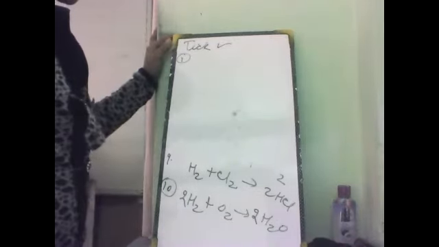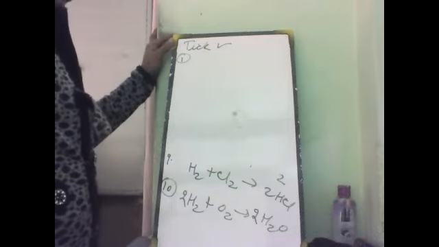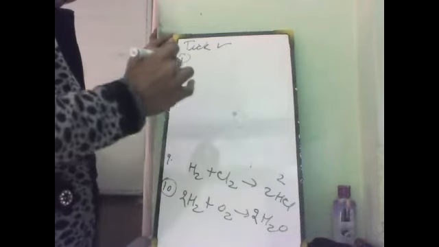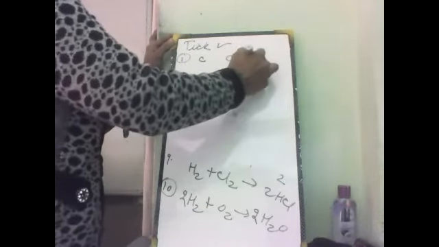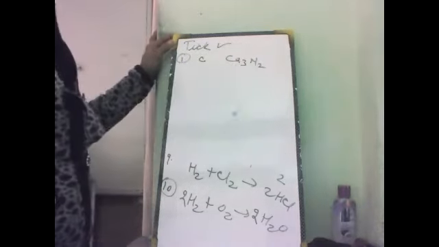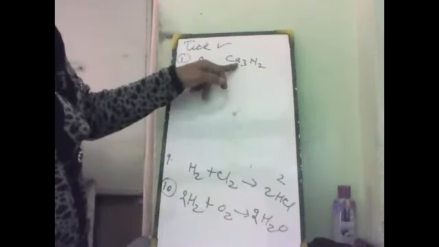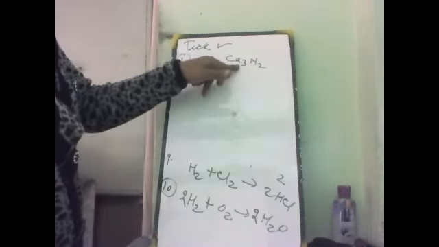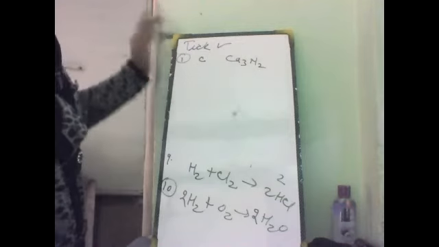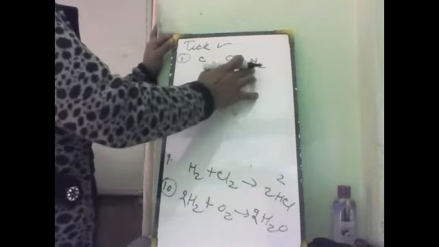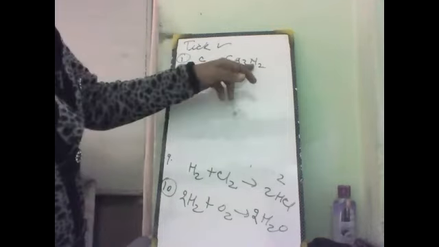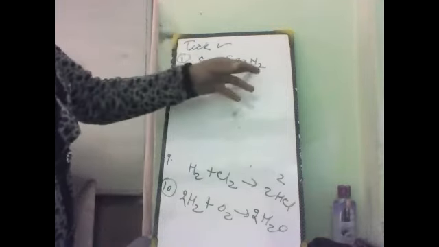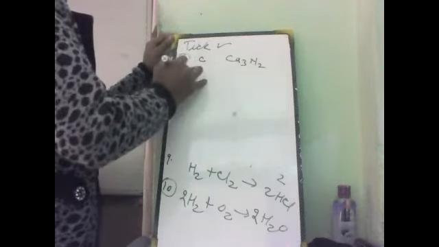The correct formula for calcium nitride is Ca3N2, because the valency of calcium is 2 and the valency of nitrogen is 3. On interchanging them, we put the valency of calcium with the nitrogen and the valency of nitrogen with calcium.